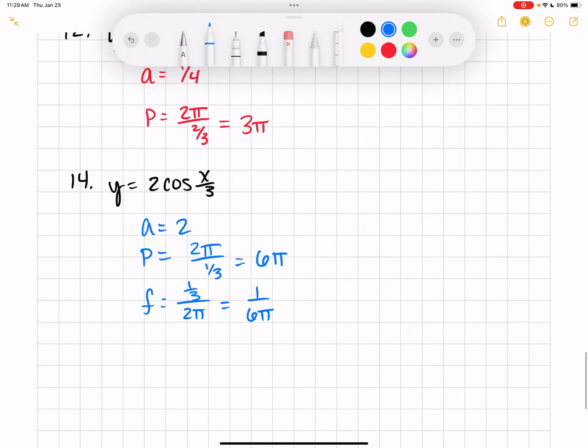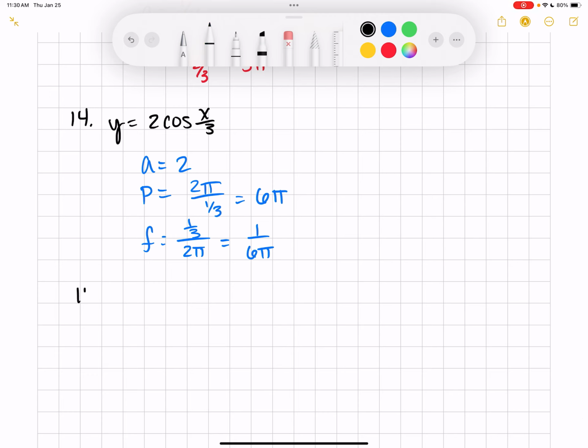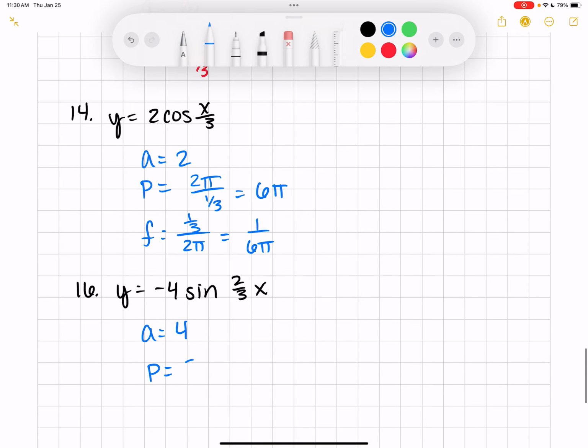Let's see, one more of these, and then I might go ahead and write the problem for tomorrow that we'll start with. But 16, y equals negative 4 sine of 2/3 x. So amplitude is 4, period is 3 pi, 2 pi over 2/3, which is 3 pi.